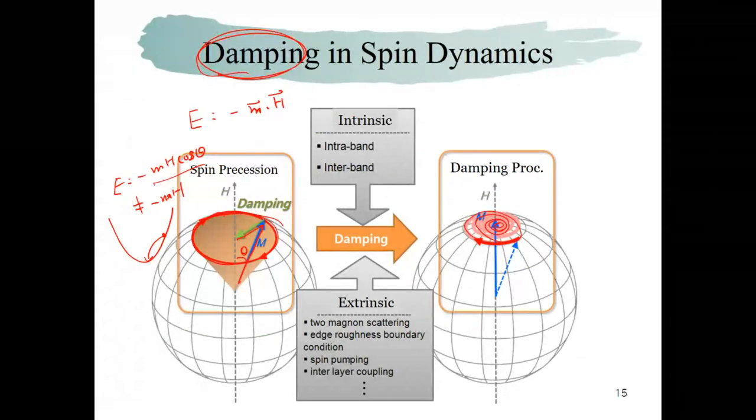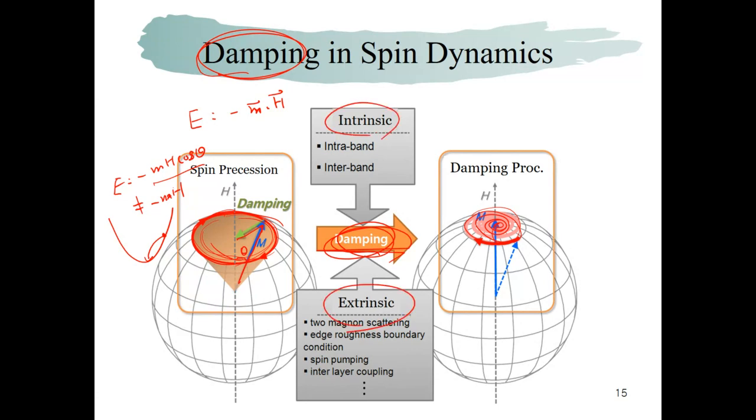If we don't have friction or damping, the magnetization precesses forever. But with damping, they go to the field direction. And there are many origins of damping. The easiest categorization is intrinsic and extrinsic. But the details of the damping mechanisms are too much for this class, so I'm going to skip it.